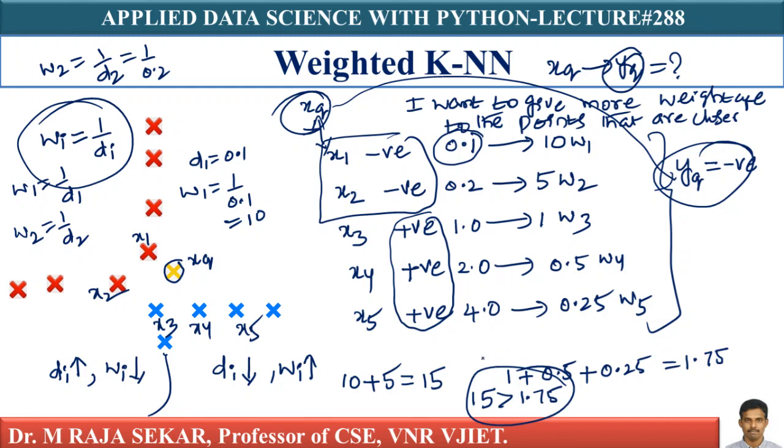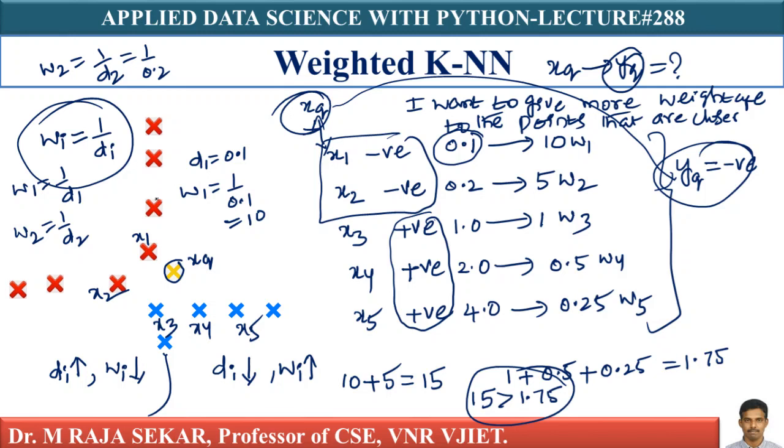Just see this one. This strategy is a simple strategy. W equal to 1 by di is the simplest weight function that we are using. There are many weight functions that we can design. I promise you that we will see lots of weight functions as we learn lots of techniques, but this is the simplest one.